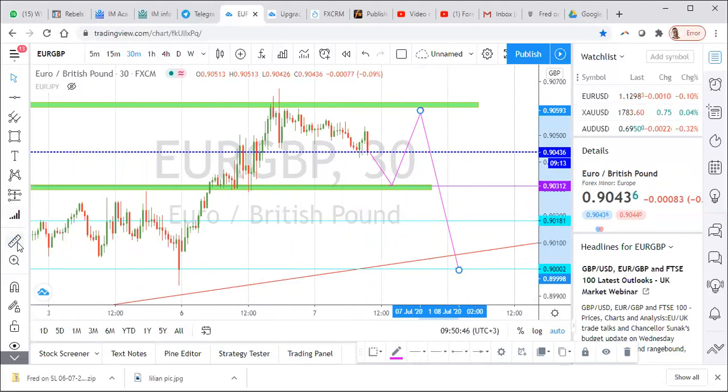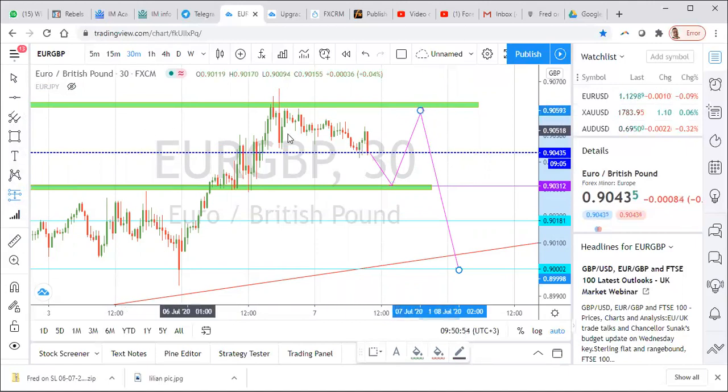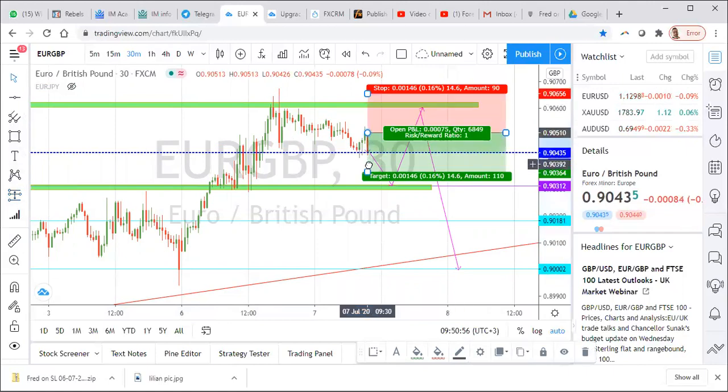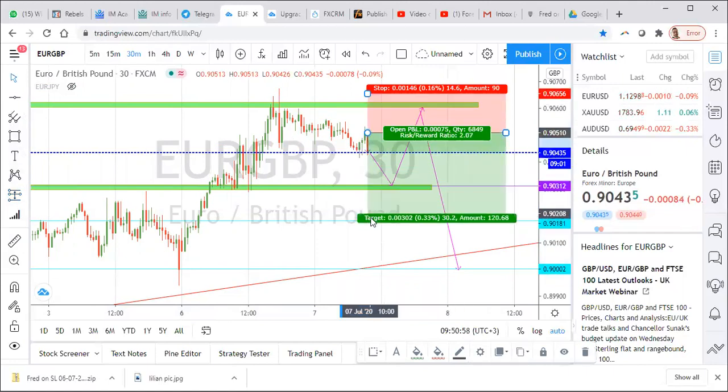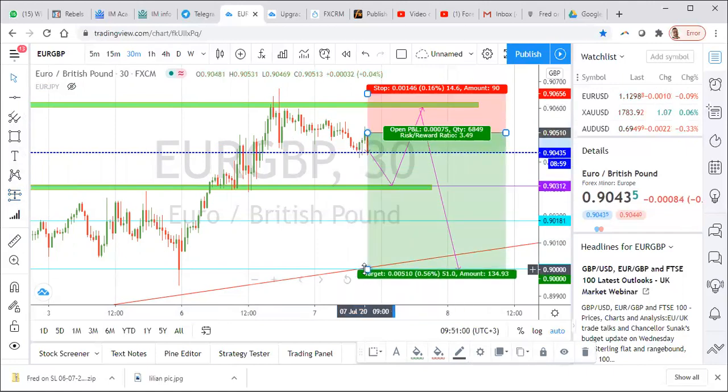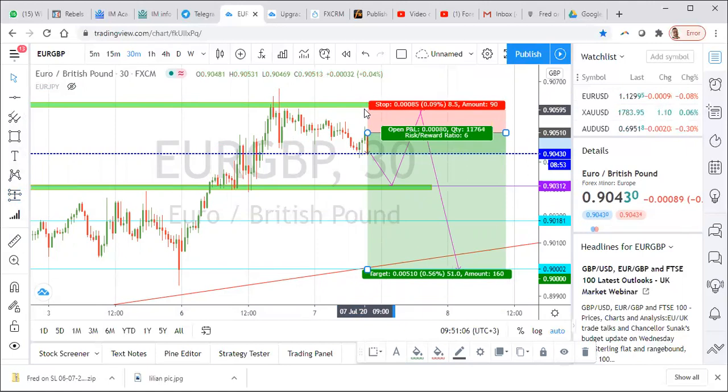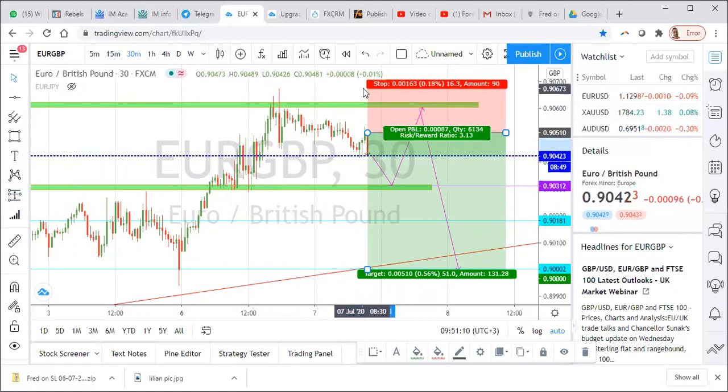So let me just put this for a future. I would probably do this right there. Is it a sell limit? I'll put my stop loss up here on this previous high.